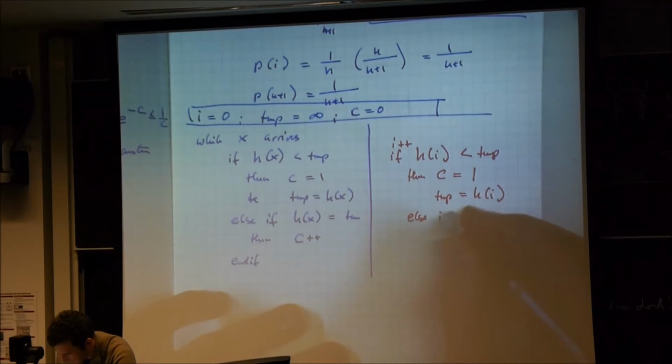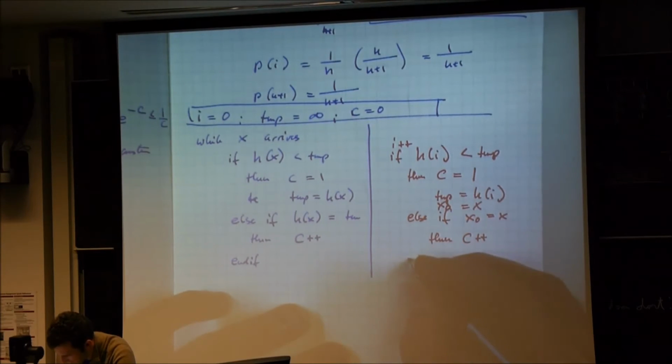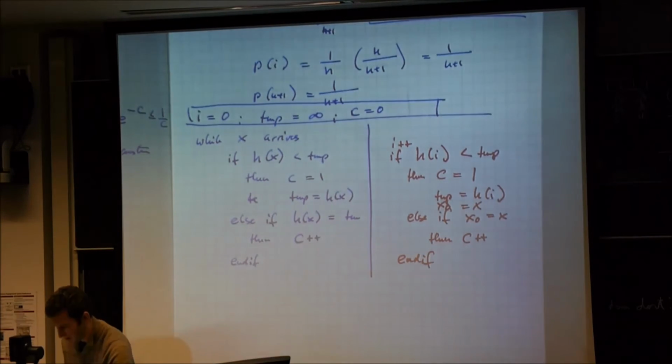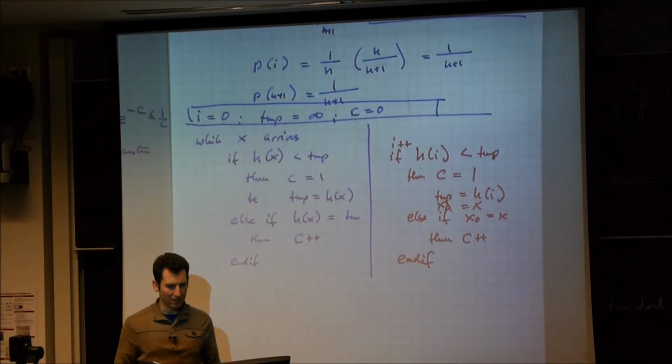Else, and I also need to store x, basically x-naught equals x, if x-naught equals x, then increment the counter. Okay, so those are the two algorithms.